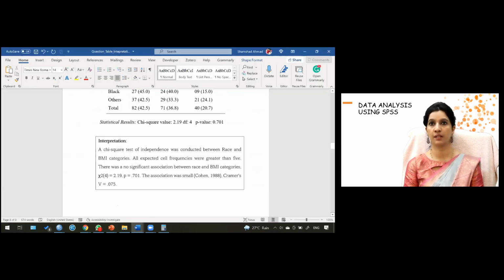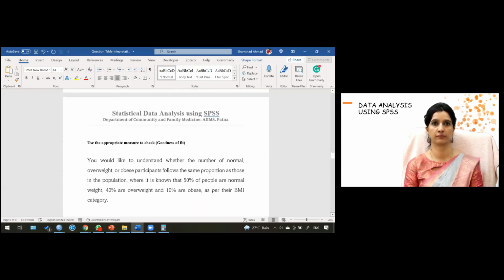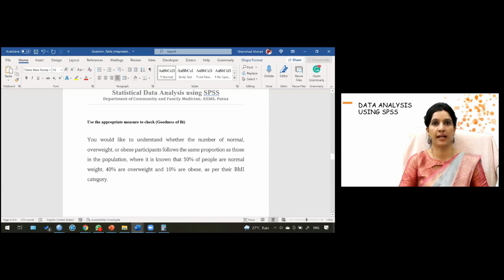The question is, you would like to understand whether the number of normal, overweight or obese participants follows the same proportion as those in the population, where it is known that 50% of the people are of normal weight, 40% are overweight, and 10% are obese as per their BMI category. This is my research question I want to check.